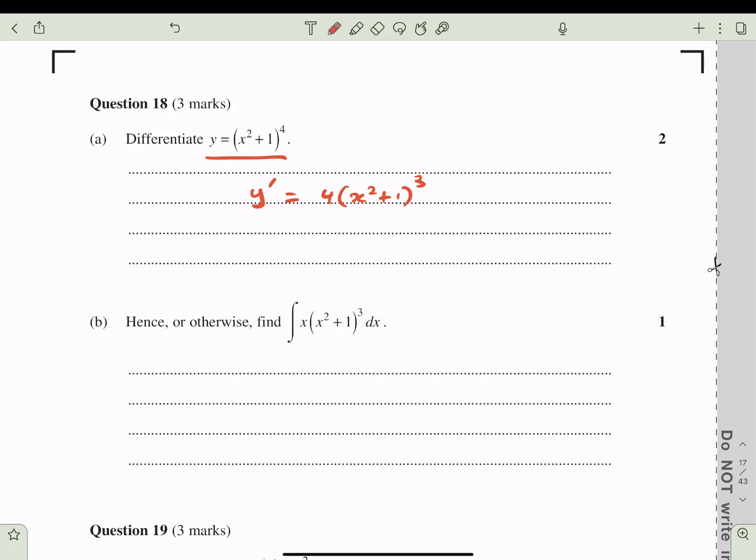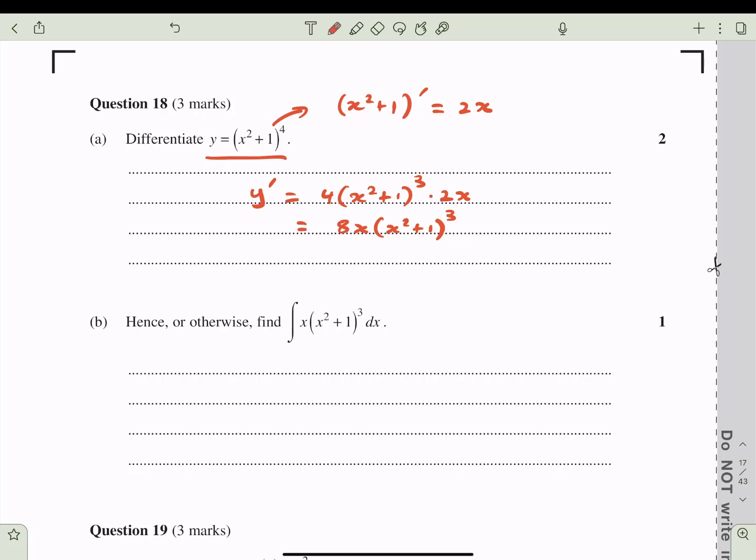The chain rule tells us to multiply by the derivative of whatever is inside the bracket. In this case we have x squared plus 1, and the derivative of that is 2x. So we must multiply by 2x. So we have 8x times (x squared plus 1) to the power of 3. Okay, so that's y dash.